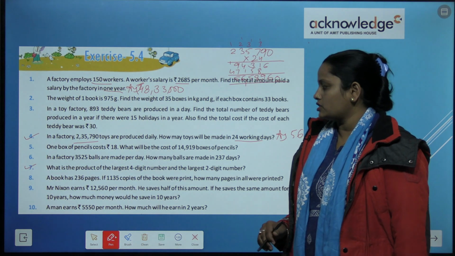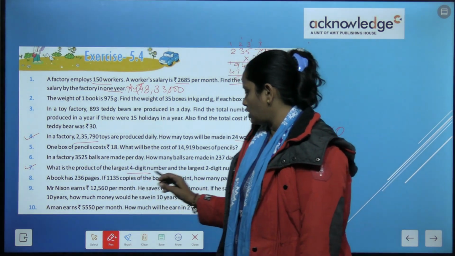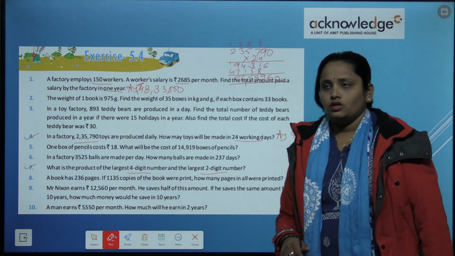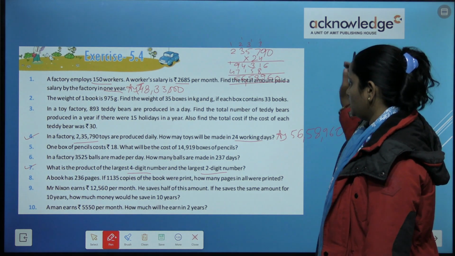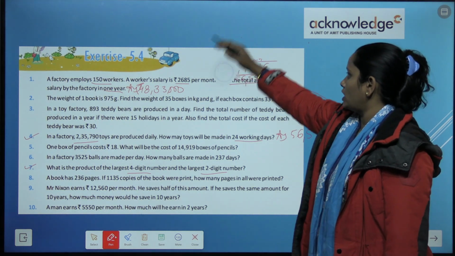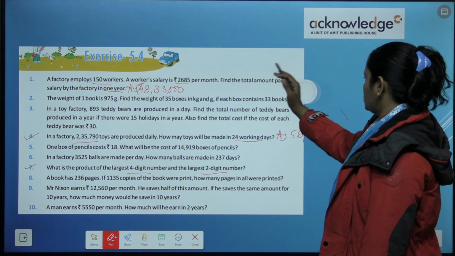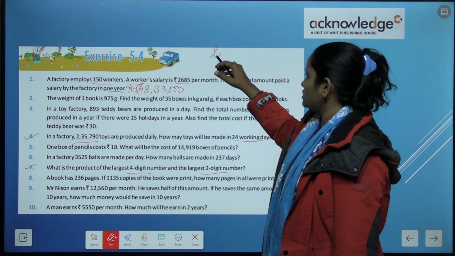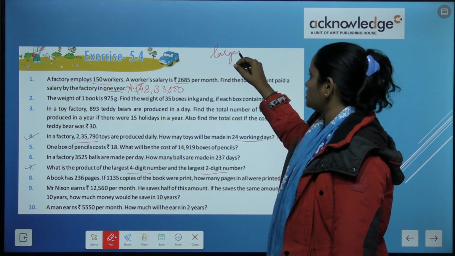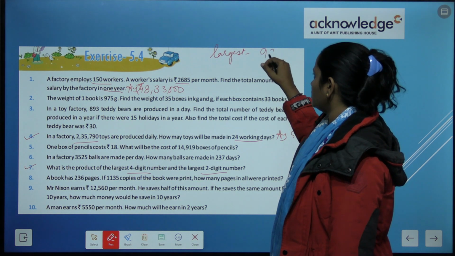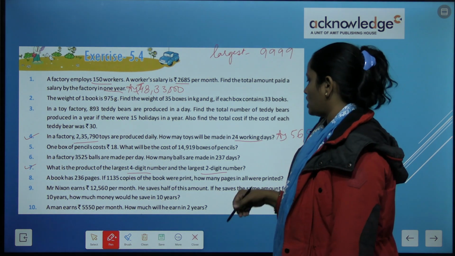What is the product of the largest 4-digit number and the largest 2-digit number? So यहाँ पे पूछा जा रहा है कि largest 4-digit number जो है क्या है वो? Largest 4-digit number is 9999.